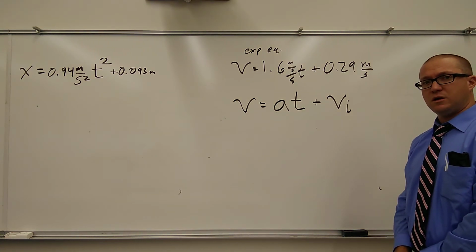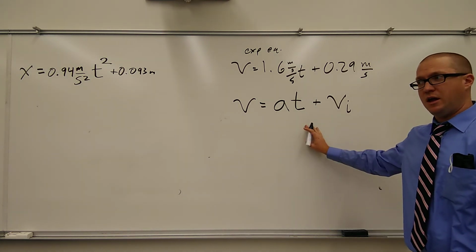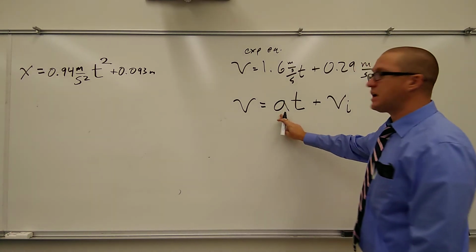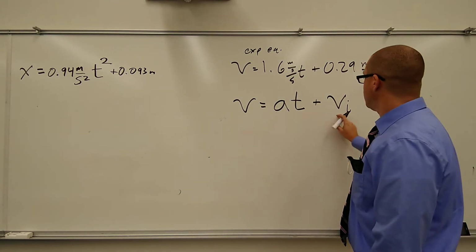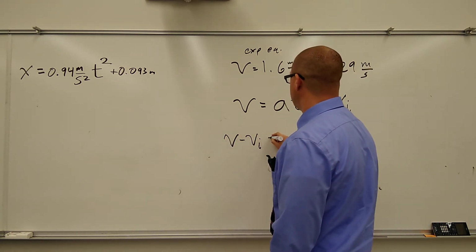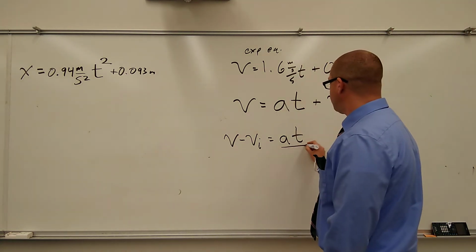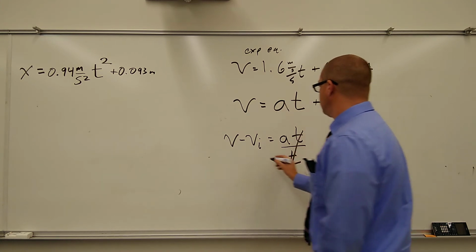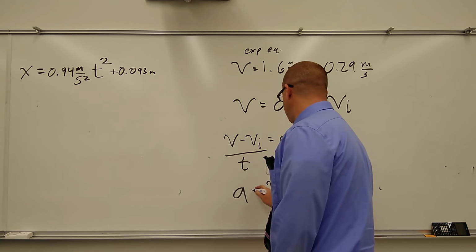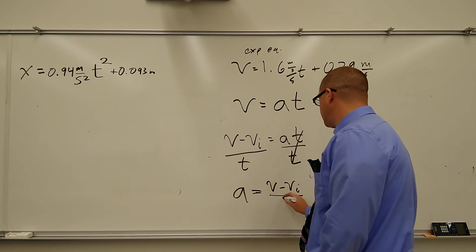Now, a supplemental exercise here is to take this and solve it for a, and we get an interesting result. So I'm going to solve this equation for a. I bring the V initial over here, so it would be V minus V initial equals a t. Then I divide both sides by t, so a equals V minus V initial over t.